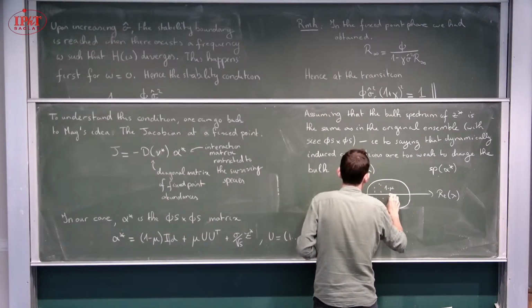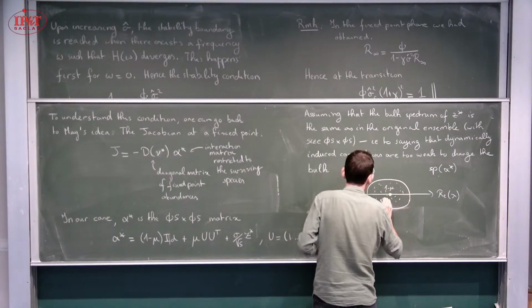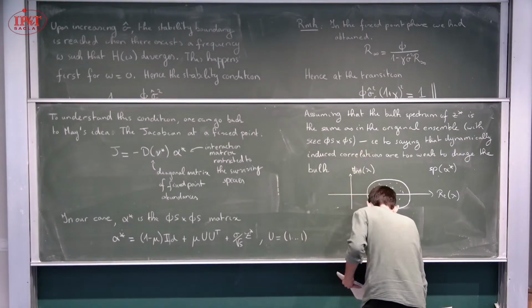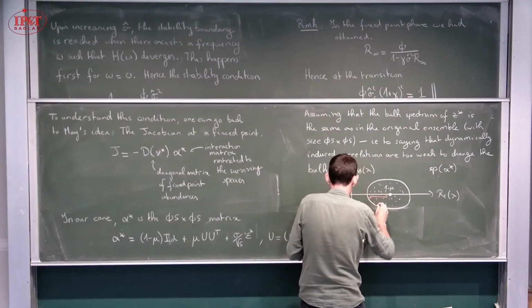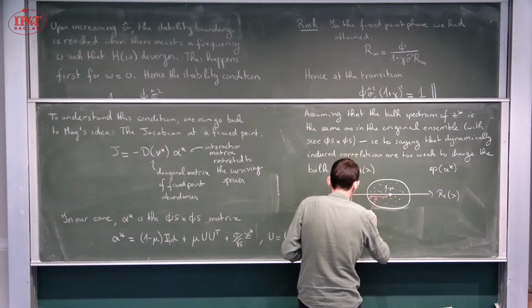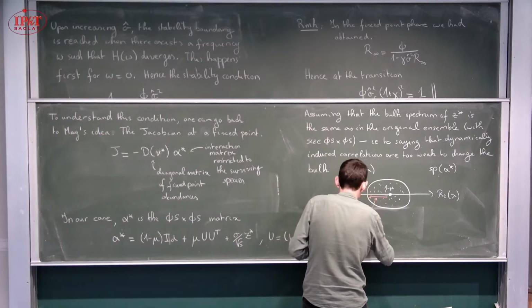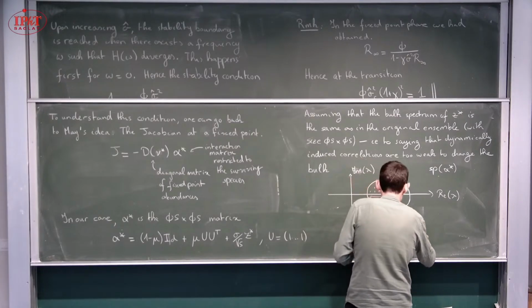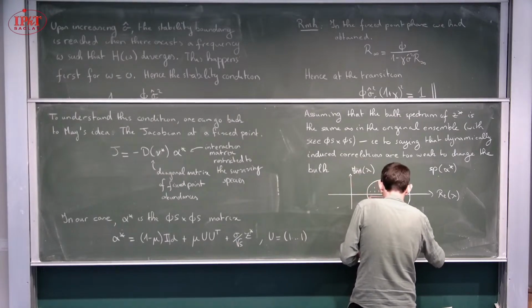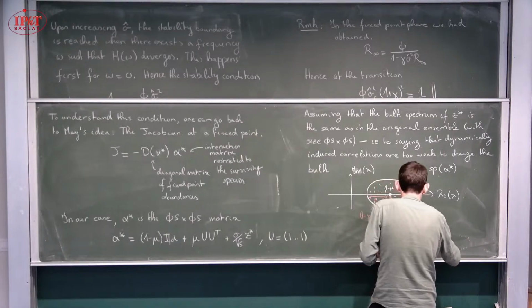So the spectrum would have points uniformly distributed here. And the ellipse has dimension 1 plus gamma times sigma square root phi in this direction, and in this direction 1 minus gamma times sigma square root phi.